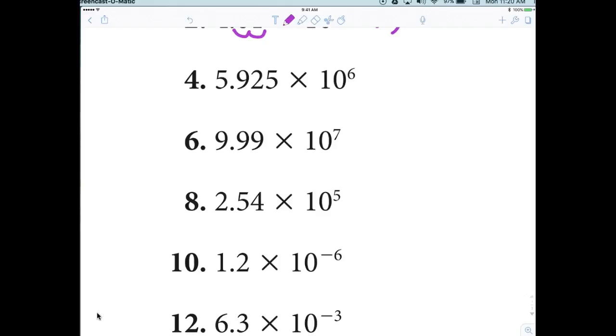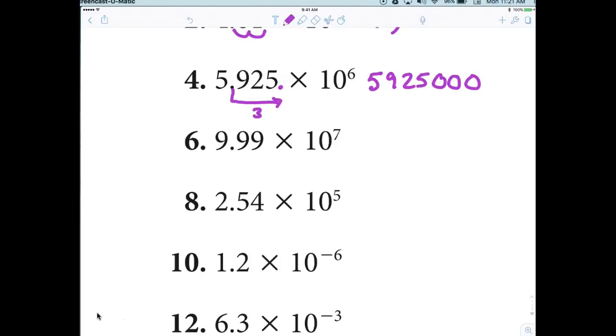All right? So it would be 5, 9, 2, 5 with how many zeros? Abby, what was it? 3 zeros. Now, Julian, one more time. The reason why we only have to add 3 instead of 6 is because this decimal has to be moved how many spots? 3 to get it to the end.